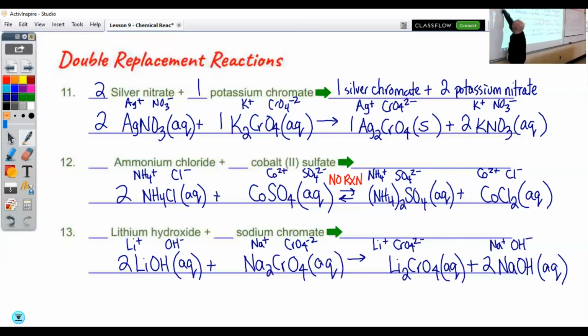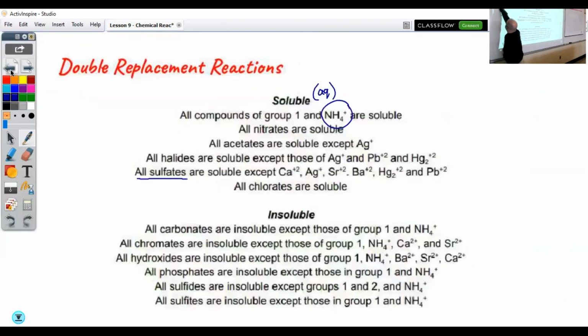Let's go back and take a look at that rule. The rule says all chromates are insoluble, meaning we would write an S, except those of group 1. And that's exactly where sodium and lithium are found, in group 1. So when you are an exception to this rule, you end up getting labeled as aqueous instead of being a solid.